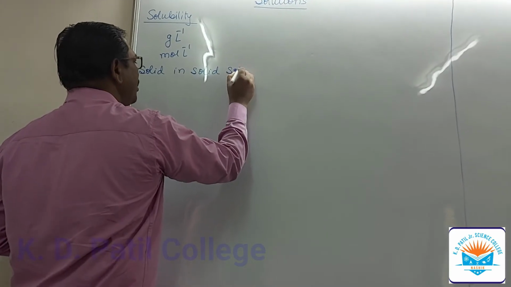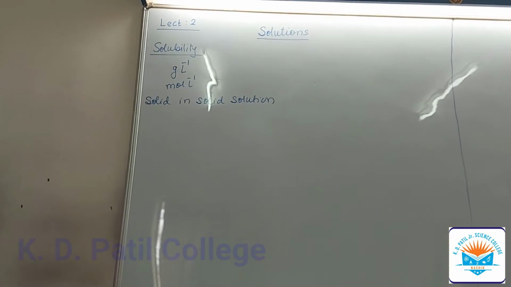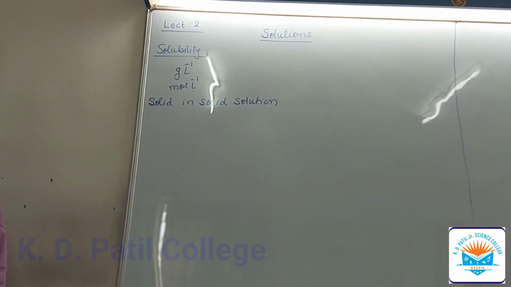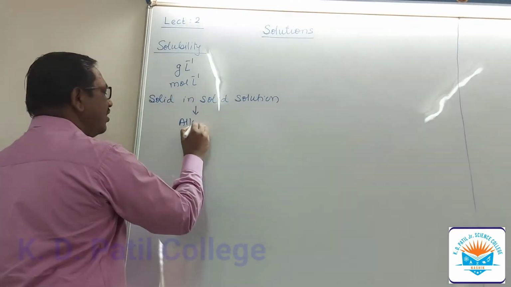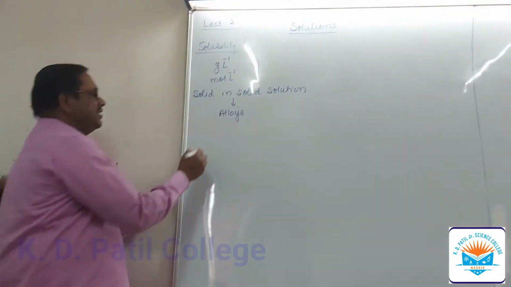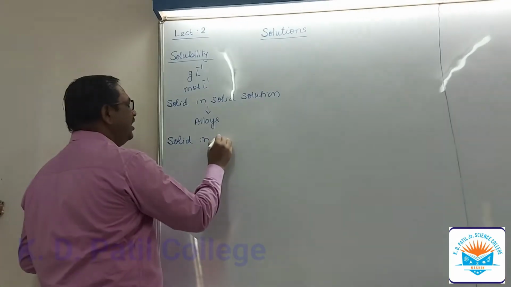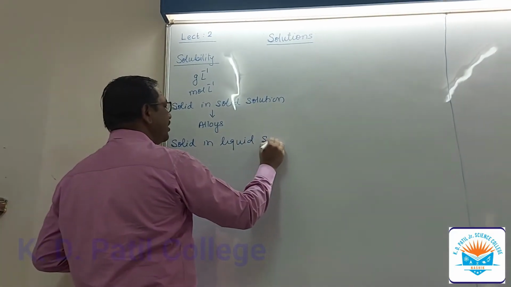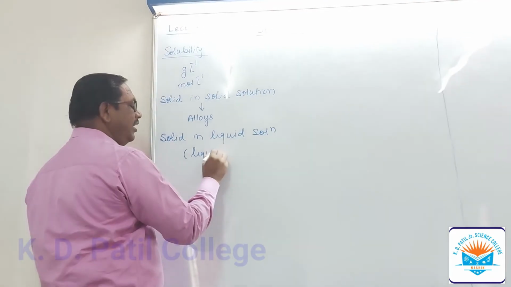Solid in solid solution means solid is dissolved in solid, and the example is alloys, which we already discussed last time. The second one is solid in liquid solution, which is also known as a liquid solution.